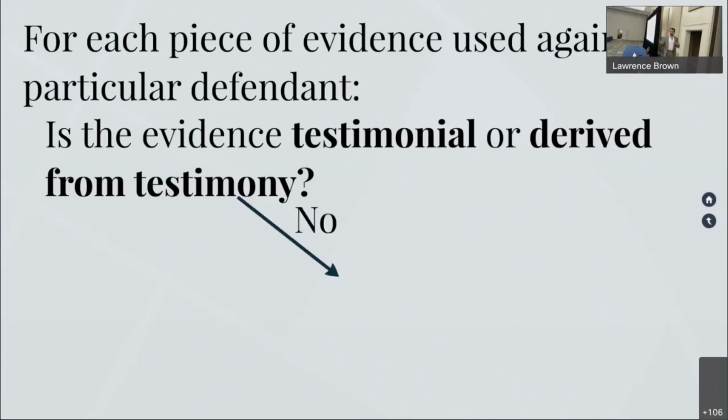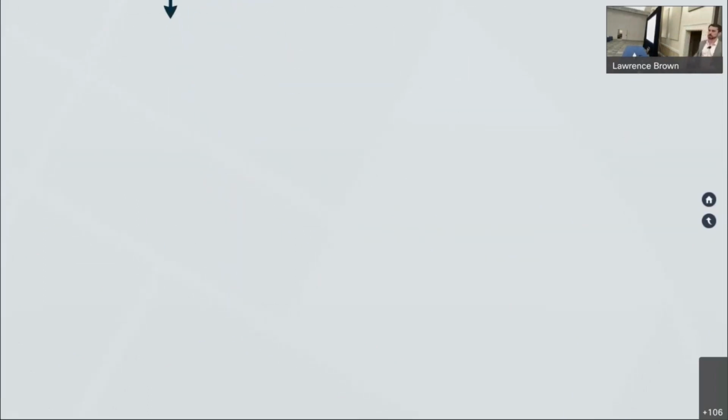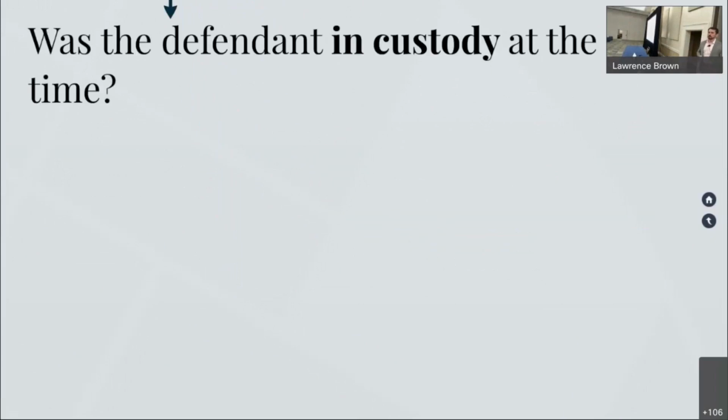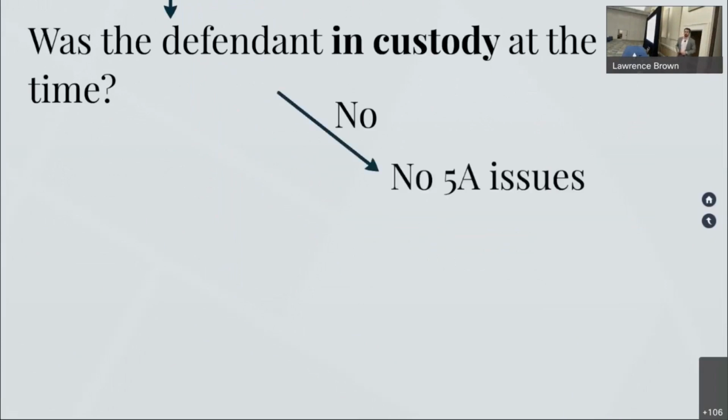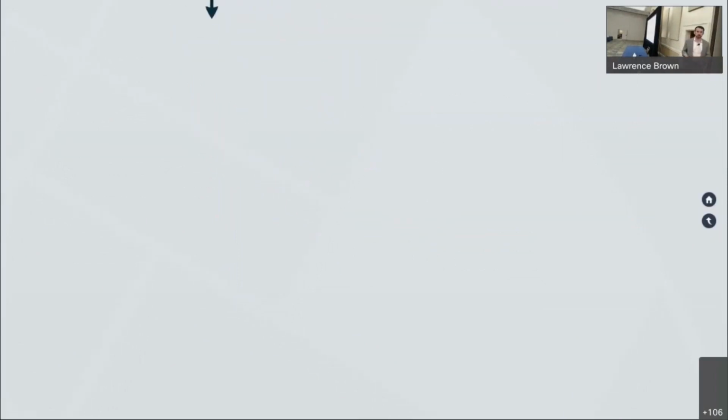And then we can engage in the same yes-no answers. If the answer is no, no Fifth Amendment issue. If the answer is yes, next question. If it is testimonial, was the defendant in custody? Custody being arrest or the functional equivalent of arrest. If the answer is no, no Fifth Amendment issue. It doesn't apply. And of course, if the answer is yes, we have yet another question.